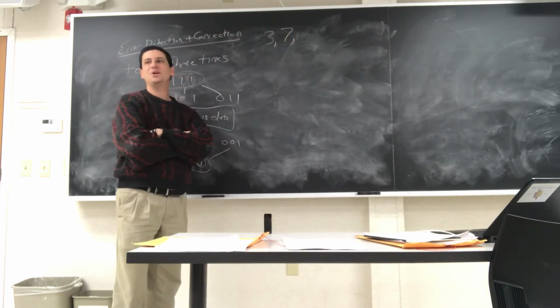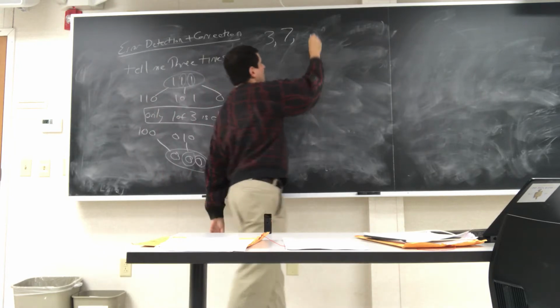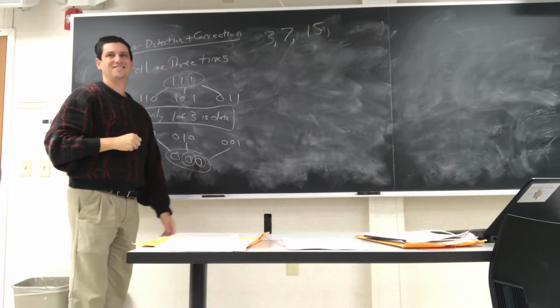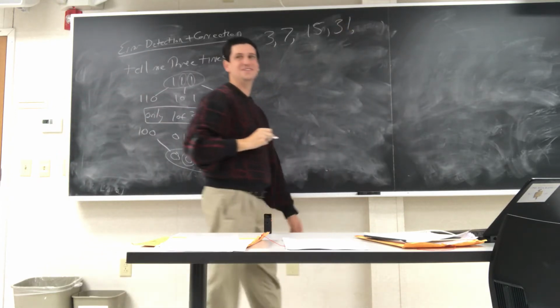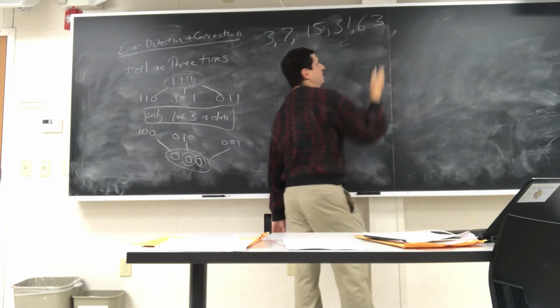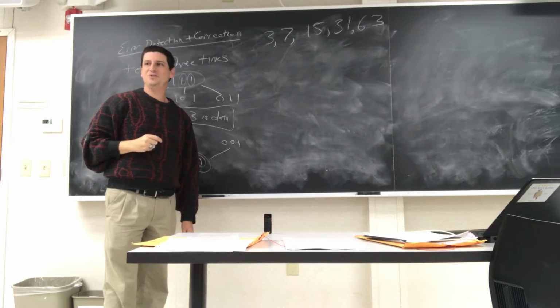All right. Anybody want to give me the next one? 15. 15 is the next one. Excellent. What's the next one? 31. One more. 63. Right. These are 1 less than powers of 2.